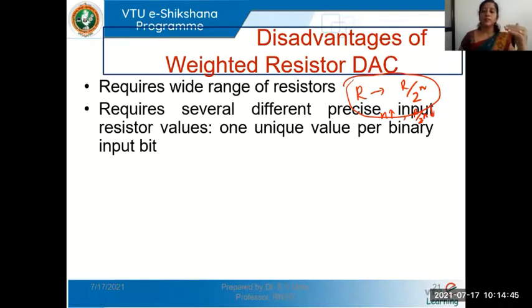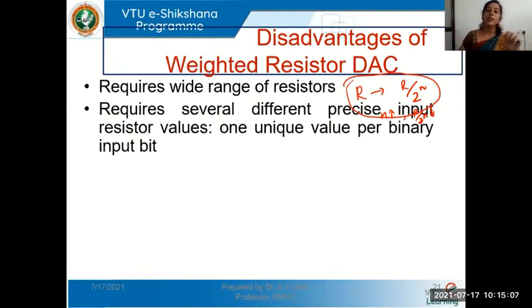If one resistor is 10K, the next one should be 5K exactly. If it is 4.7K or if it is 5.1K, again the output voltage will change. It won't follow the equation perfectly. Okay, so you're expecting a step size of 0.5. You may get a step size of 0.6 or 0.4, something like that.